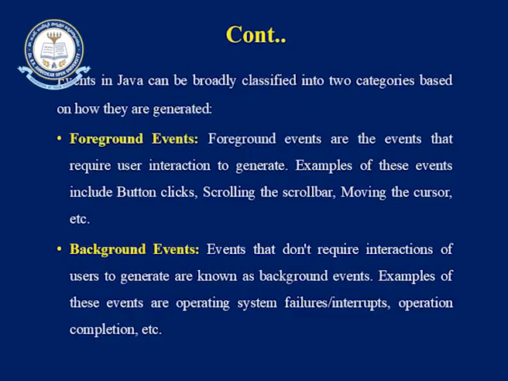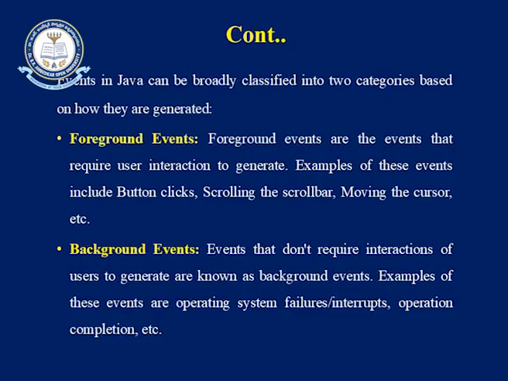Next one is the background events. What is meant by the background event? A background event doesn't require user interaction. It is generated automatically in the background. An example of these events is the operating system. Suppose you click on the submit button and your details are stored in the server.